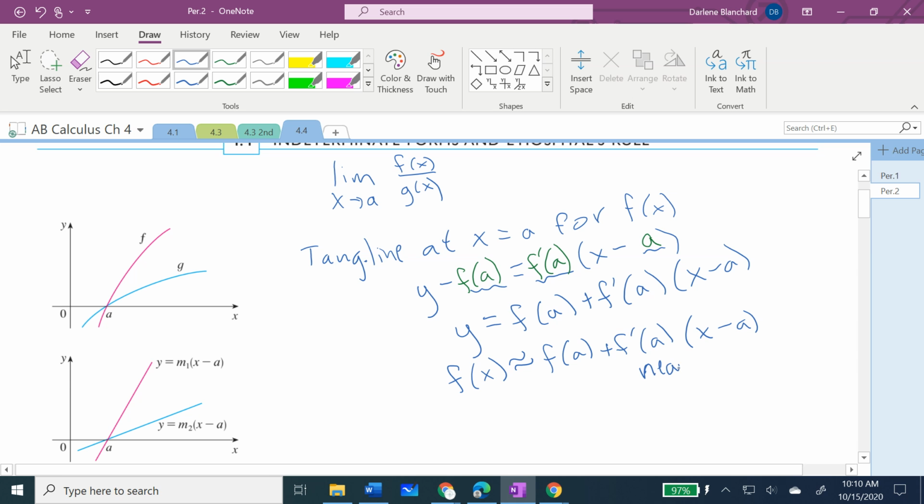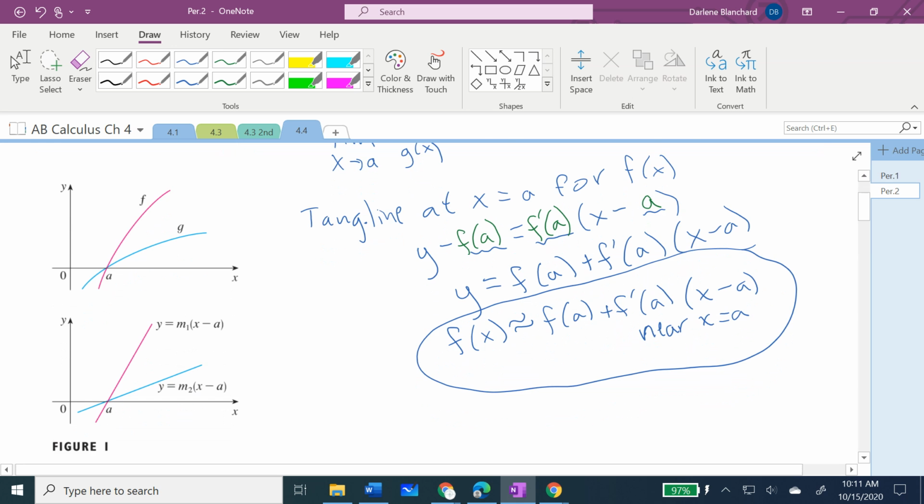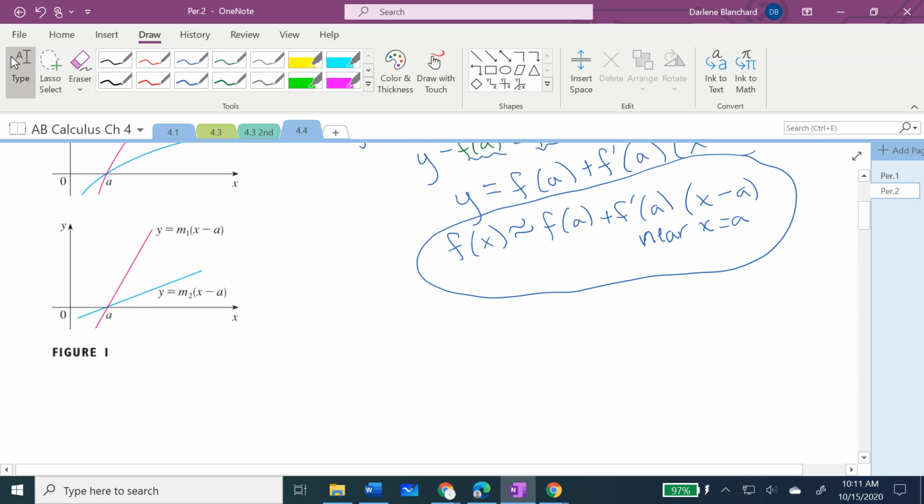And I want to make sure to clarify, near x equals a, you can say this. And if I'm looking at a limit as x approaches a, am I dealing with x's near a? Yeah, I am. So here's what it is.